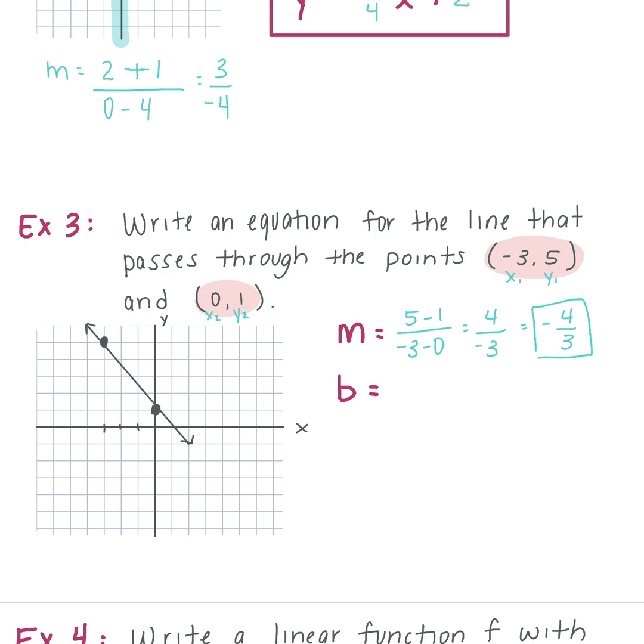And then I need to find my y-intercept. The reason I really like drawing this is because I think it's easier to figure out what your y-intercept is when you look at the picture versus just looking at the coordinates. So I see that my graph crosses my y-axis right here at 1. But I could also pick that out from the point if I wanted to, because it'll always be the y value when your x value is 0.